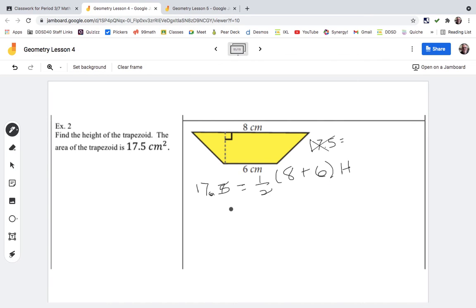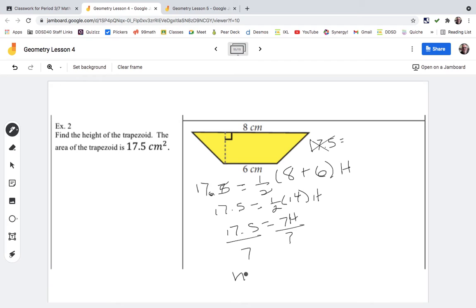We can add 8 plus 6. 17.5 is equal to 1/2 of 14 times h. Half of 14 is 7, so 17.5 is equal to 7 times h. So we can divide by 7.